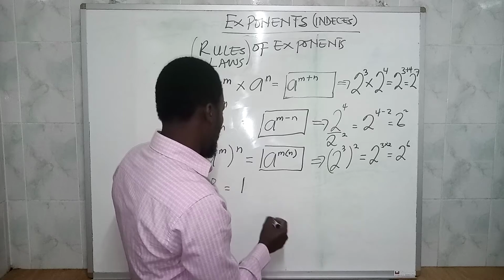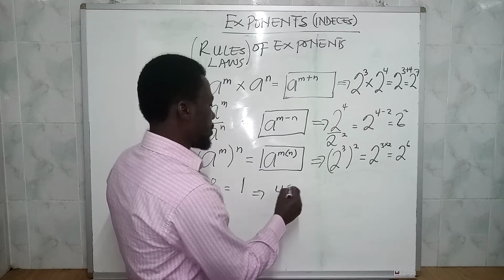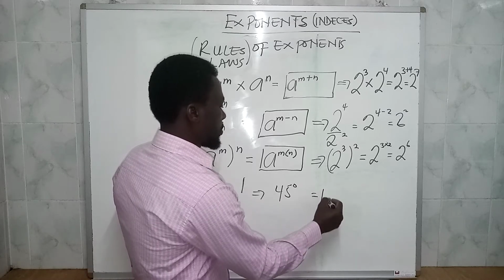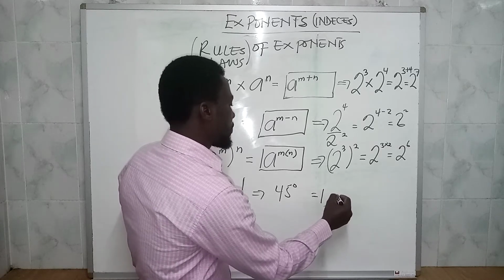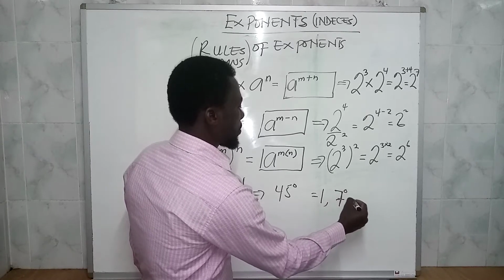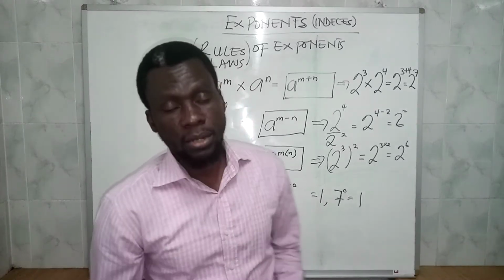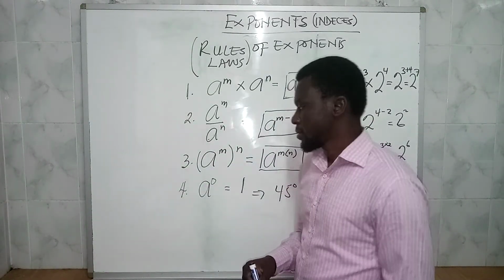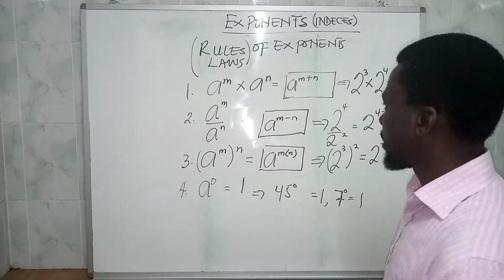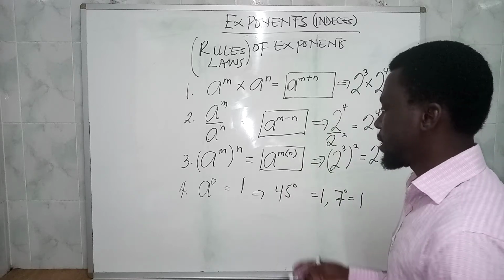So if we have 45 raised to the power 0, the answer is 1. If we have 7 raised to the power 0, the answer is 1. Any number raised to the power 0 is 1. So that is what we have said.